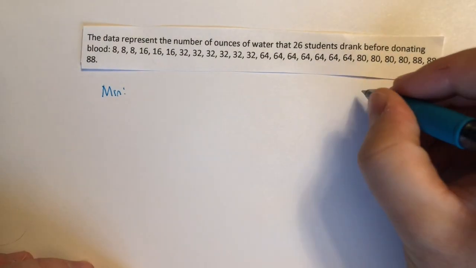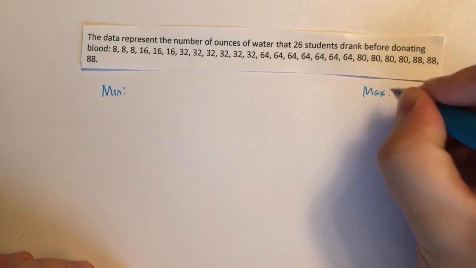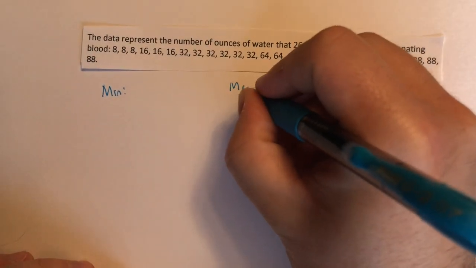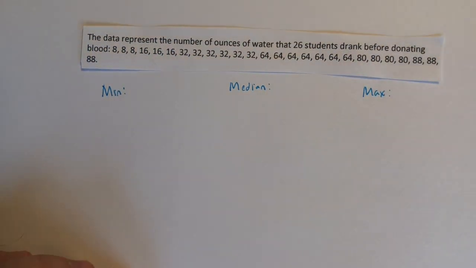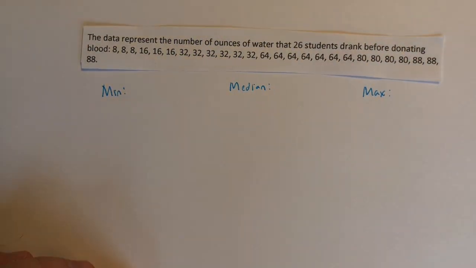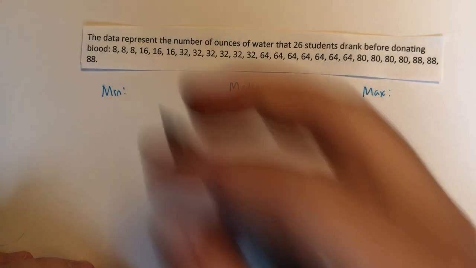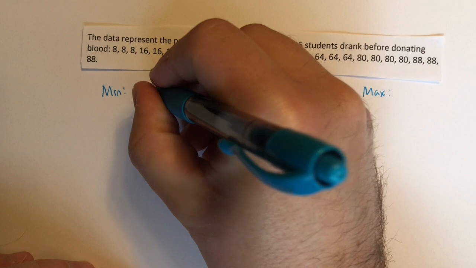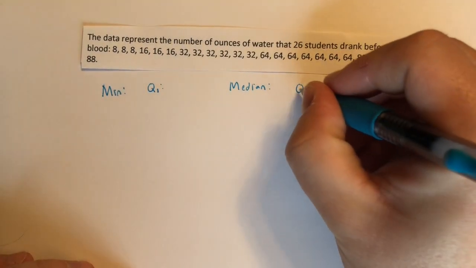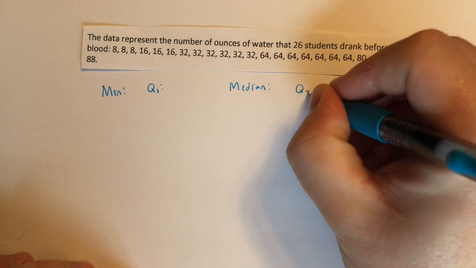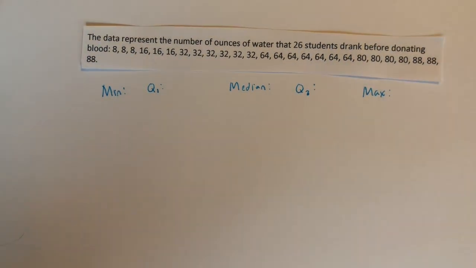We need the minimum, we need the maximum, we need the median, we need the first quartile, which we'll write down as quartile 1, and we need the third quartile, which we'll write down as quartile 3. It's for shorthand.